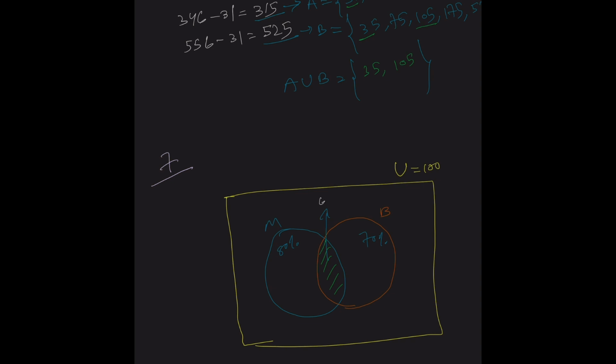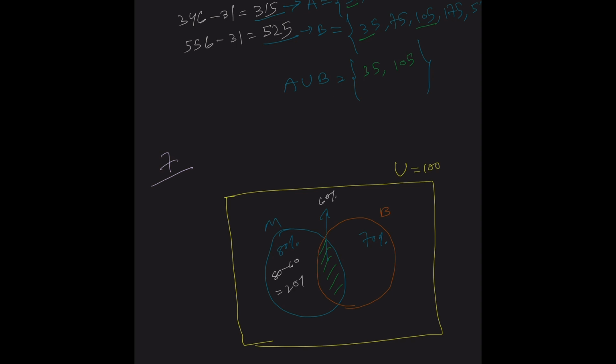So for only math, we would have 80 minus 60, because within the 80% there are students who also passed in Bangla. So if we subtract that, 60% will get students who only passed in math.